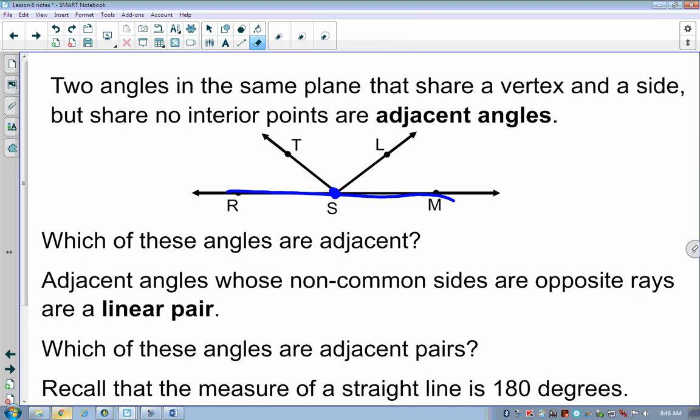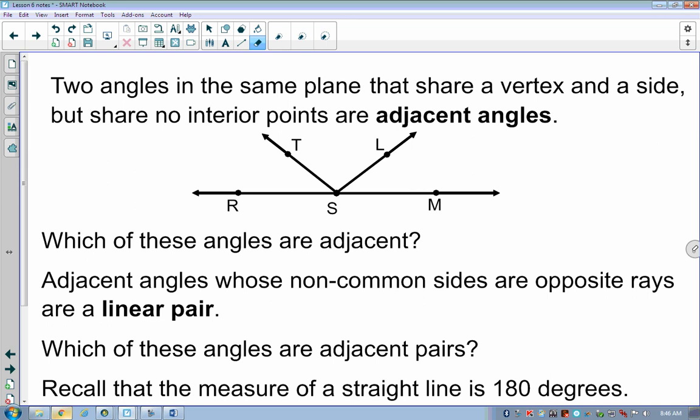So I can't say, for instance, that TSM and LSM are adjacent, right? Because LSM is interior to TSM. You see my point? I have to be able to use the angle addition postulate in some form or fashion there.